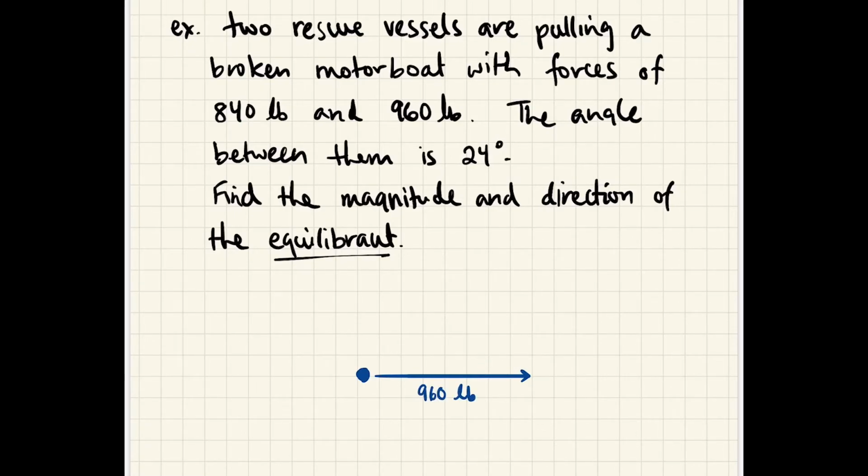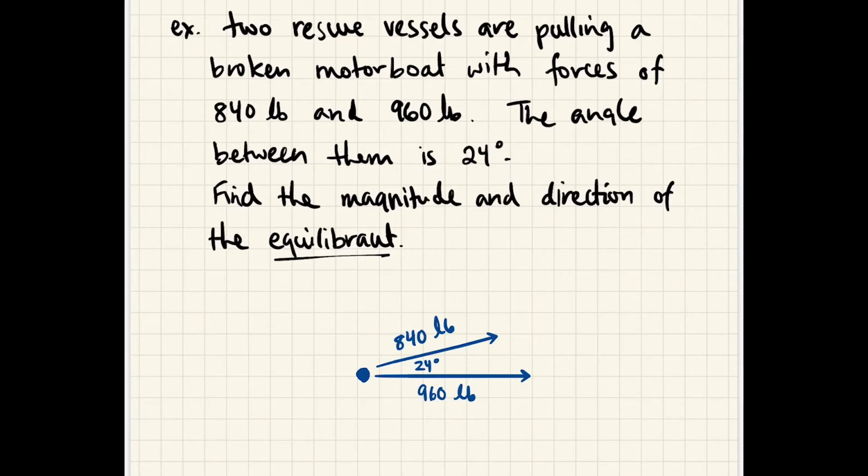Then at an angle of 24 degrees from that in any direction you want, we have another one pulling at 840. So that's going to be a slightly smaller arrow at a 24 degree angle. So maybe something like that. All right, and that's an angle of 24 degrees between them.